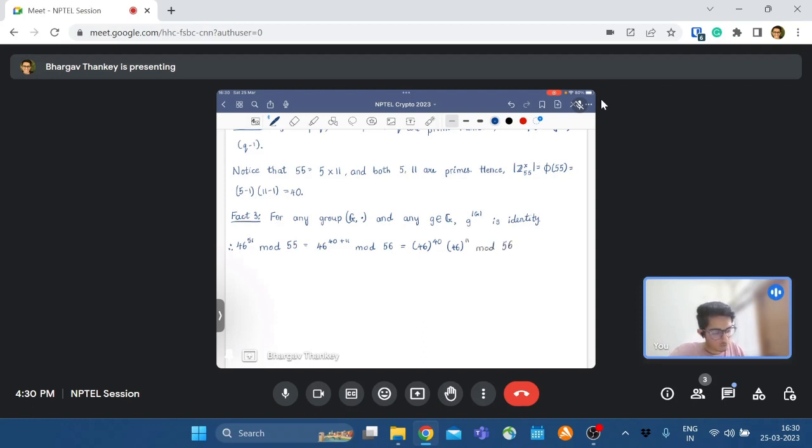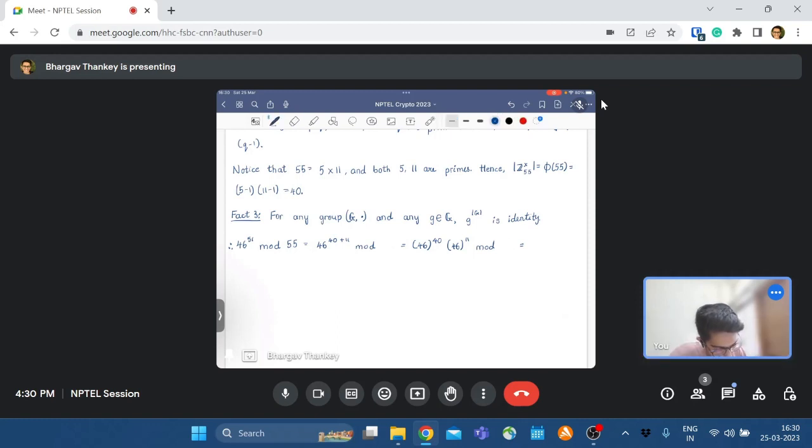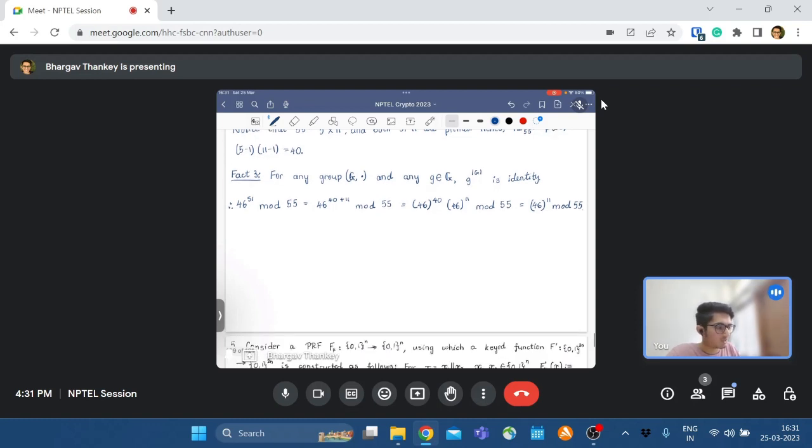And since we are working in a group with size 40, 46 to the 40 is going to be 1. So this is just 46 to the 11 mod 55. Yeah, so all we need to do is compute 46 to the 11 mod 55.